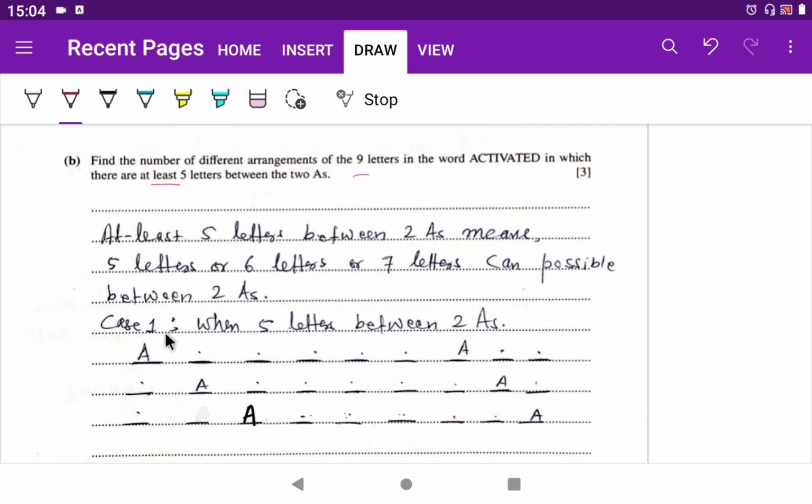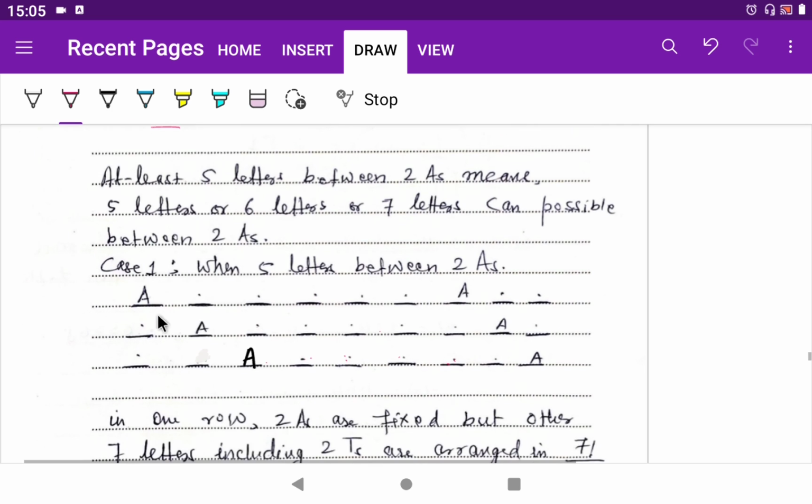So case 1, when there are only 5 letters between the 2 A's. The first case is A, then 5 different letters, 1, 2, 3, 4, 5, and then A, and then 2 positions are left. Let's say the first position is empty, there could be any possible values.